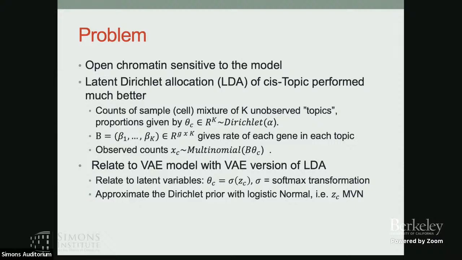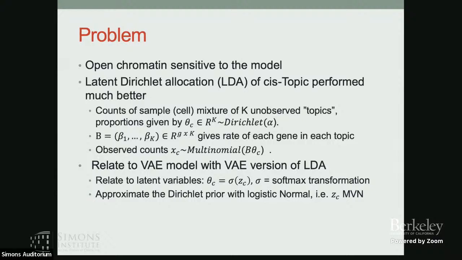In order to make it work in our multimodal context, we use a VAE version of LDA, where we assume that our parameter of interest, the proportions, is a softmax transformation of latent variables Z. So we're still back to our Z model.